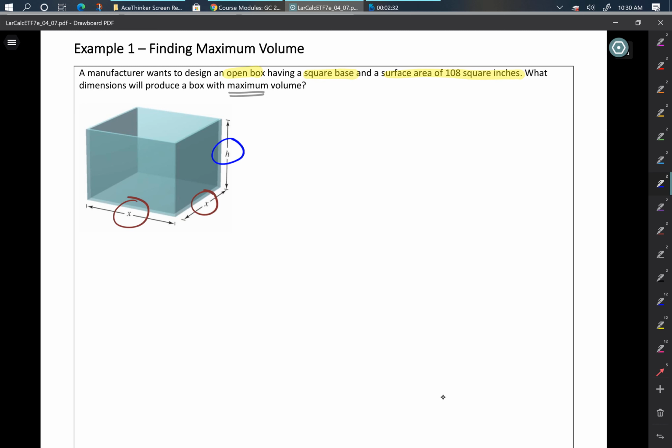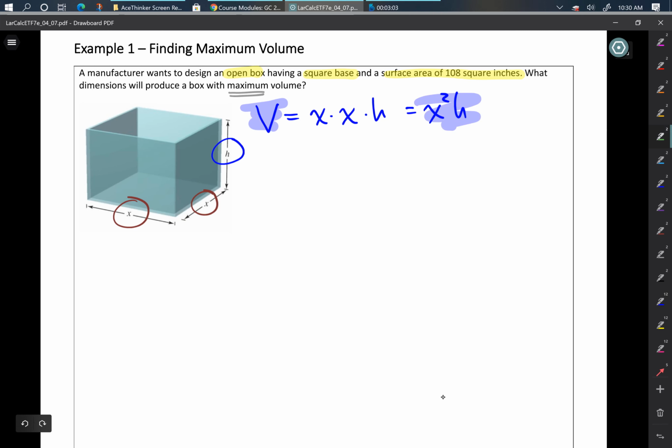It just needs to be a right rectangular solid. So the base is a square, the height is unknown, and we want to maximize the volume. Volume is length times width times height, or in this case x times x times h, or x squared h, and my goal is to maximize that function.